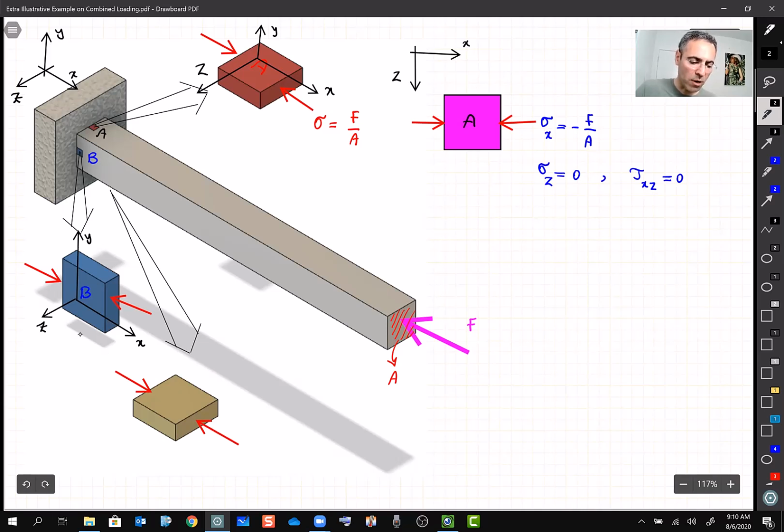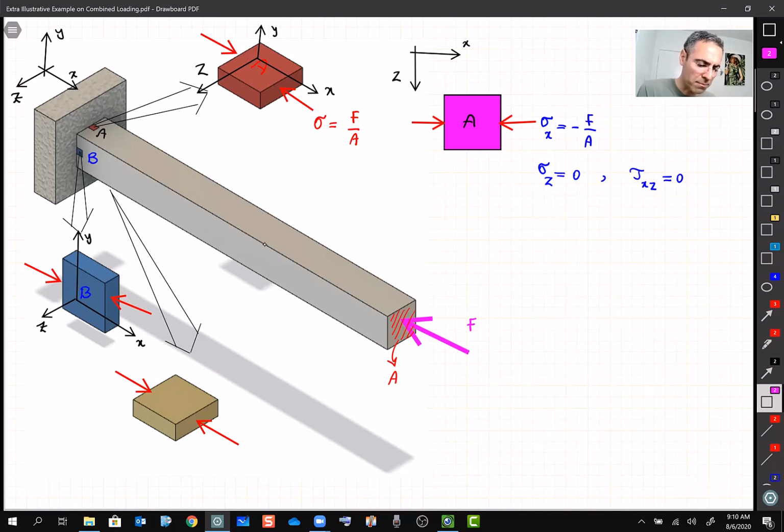So this is X, Y, and Z. And now I can draw my 2D element. I don't care about the Z direction because everything for that is 0. So then my element, I draw it over here, is going to look like this.